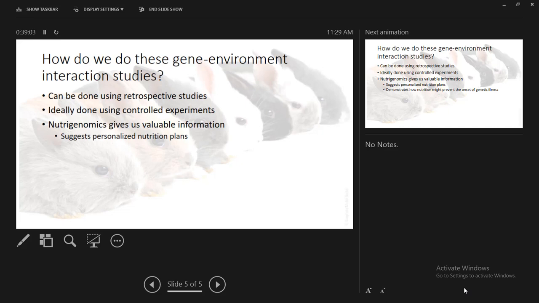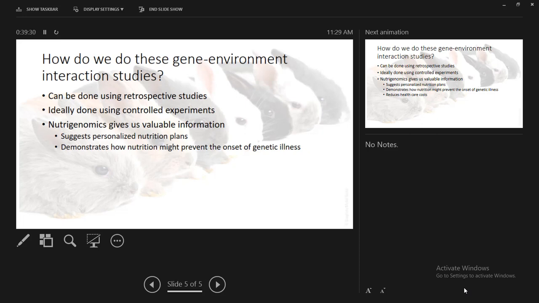No, we can study somebody's genome and make predictions about very specific things that they should eat to prevent the development of certain genetic illnesses. It's kind of cool. Nutrigenomics can also help us predict exactly what a shift in diet will do with regards to a specific genetic illness.